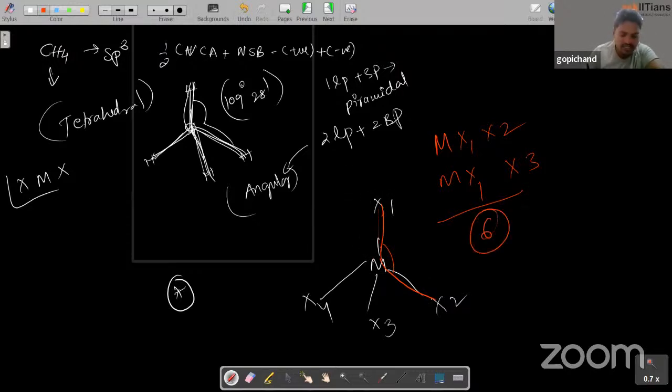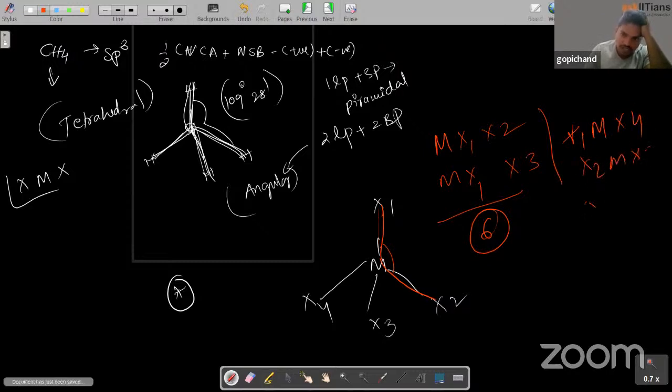If you see the linkage, X1M twice and MX1 thrice, this is another one, and the next one you are having X1M 4, and X2M 3, and X3 X2M 4, and X2M 4. Total we are having 6 bond angles possible in this case.